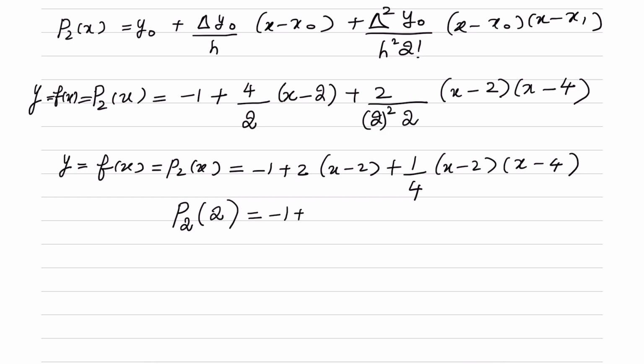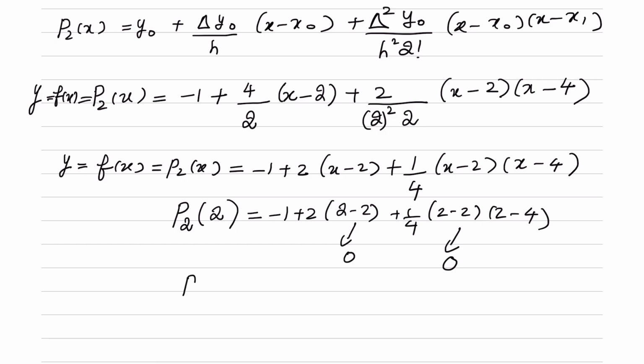Minus 1 plus 2, in the place of x you plug 2, 2 minus 2, plus 1 over 4, 2 minus 2, 2 minus 4. So this becomes 0 because of 2 minus 2, which is 0. This also becomes 0.